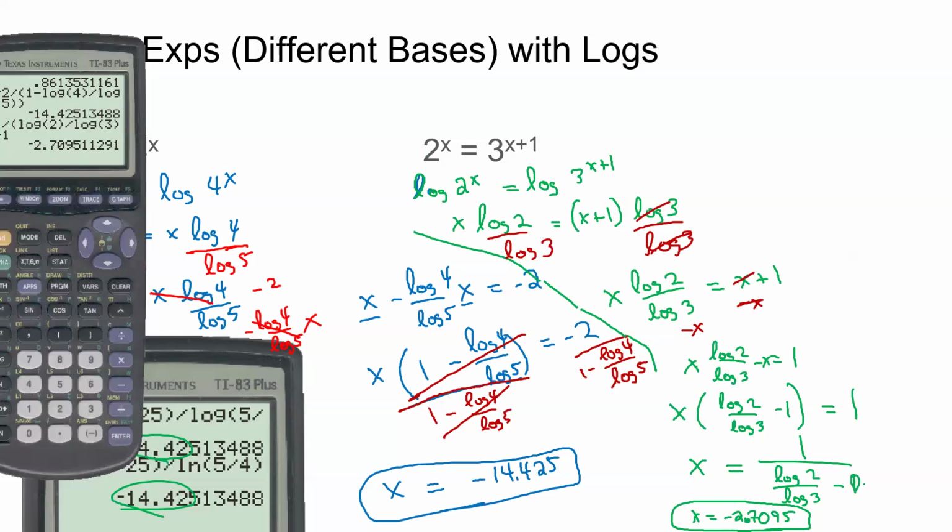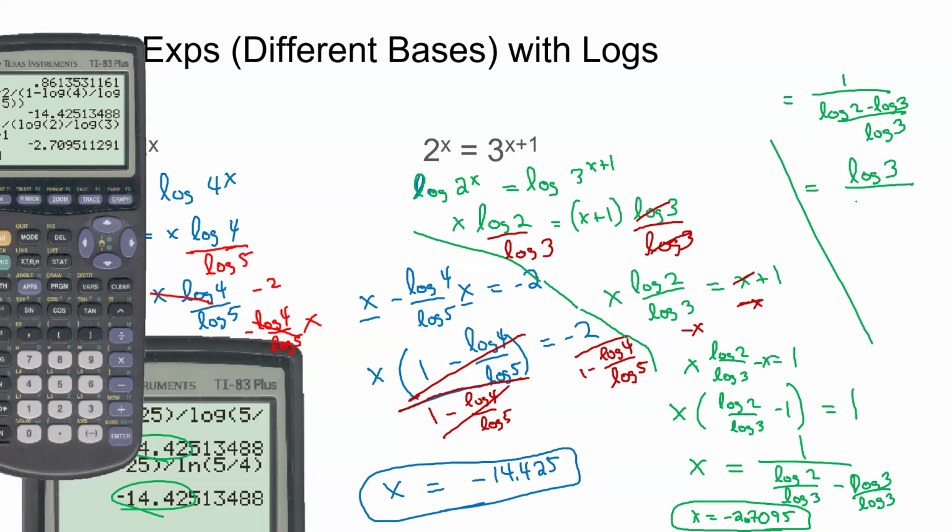So this would go to log 3 over log 3. And then I could combine those fractions. I got the 1 on top, and now I've got a log 2 minus log 3 over log 3. That's a compound fraction, so I could invert and multiply, and I would get a log 3.